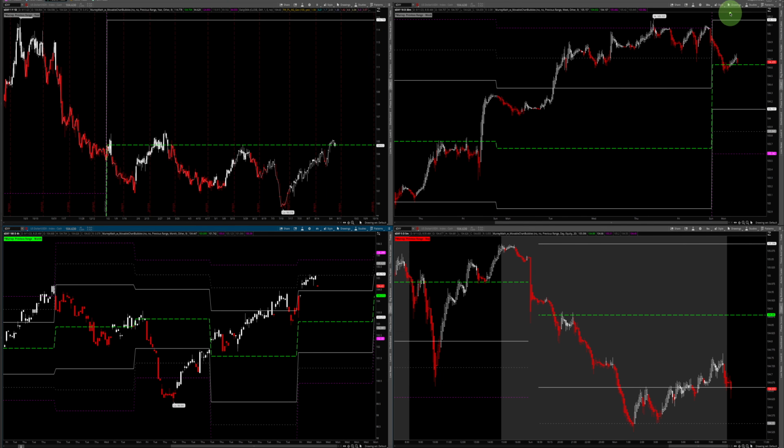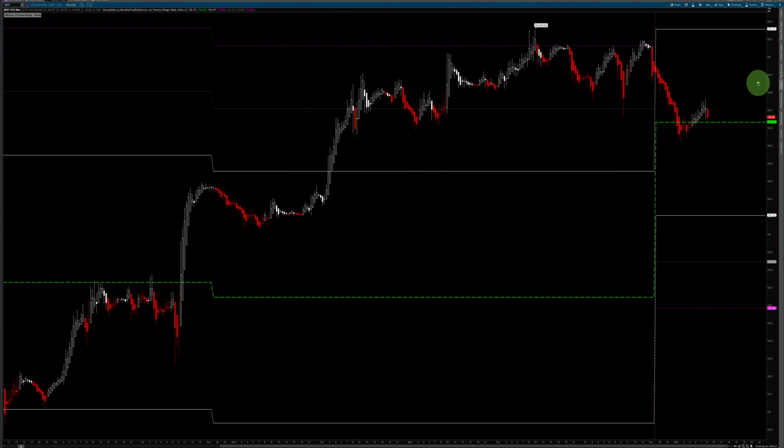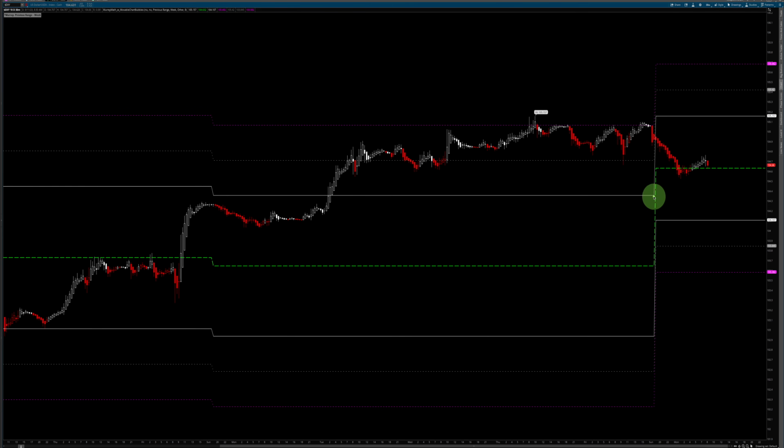On the weekly, the midpoint for this week so far is 104.64, and as of now that is holding. So that's looking good. It's going to push higher, test 105.15, 105.42, and then 105.68.